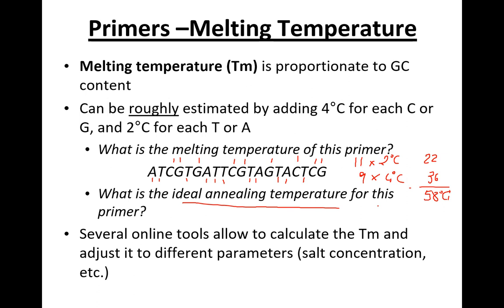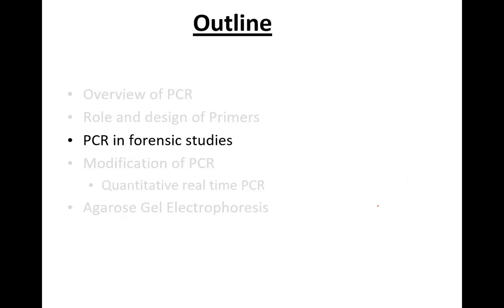You can get different values, and it depends on the concentration of the primers, the type of DNA polymerase that you use, and other factors such as the concentration of salt and so on. But this is a fairly easy way to get a start, to estimate the melting temperature of any primer that you might have designed, and therefore the annealing temperature that you should use in your PCR.